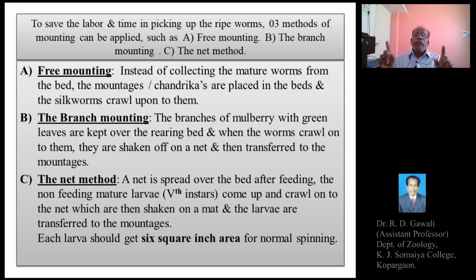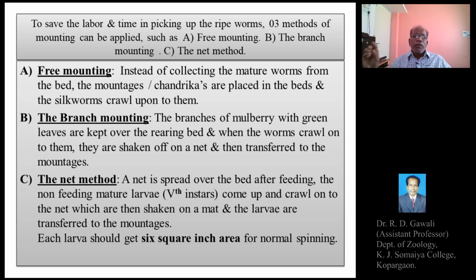The mature larvae which had stopped their feeding and which are in search of a suitable place for spinning activity will climb up the net, and the net is then shaken onto the mat, after which this can be transferred to the mount edge for spinning activity.